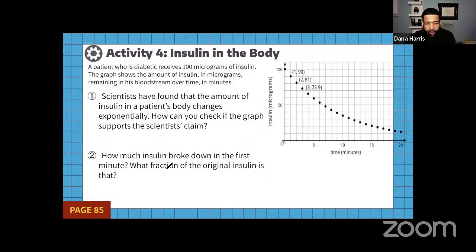Okay, so how much insulin broke down in the first minute? In the first minute, we went from 100 micrograms to 90 micrograms.